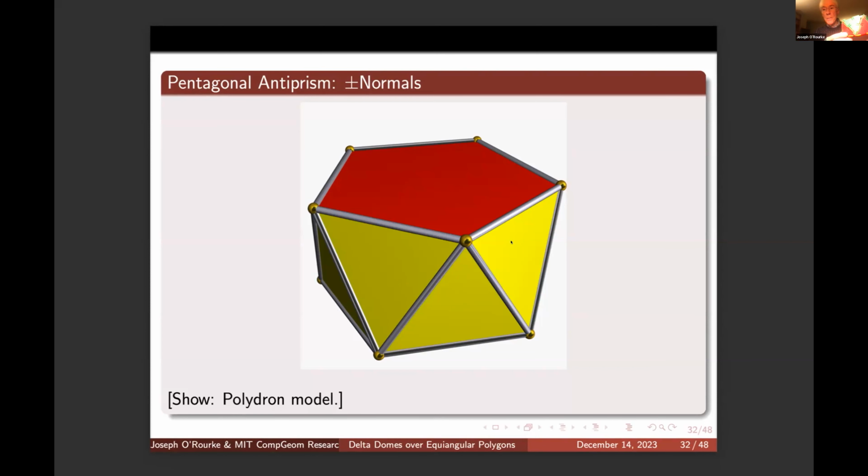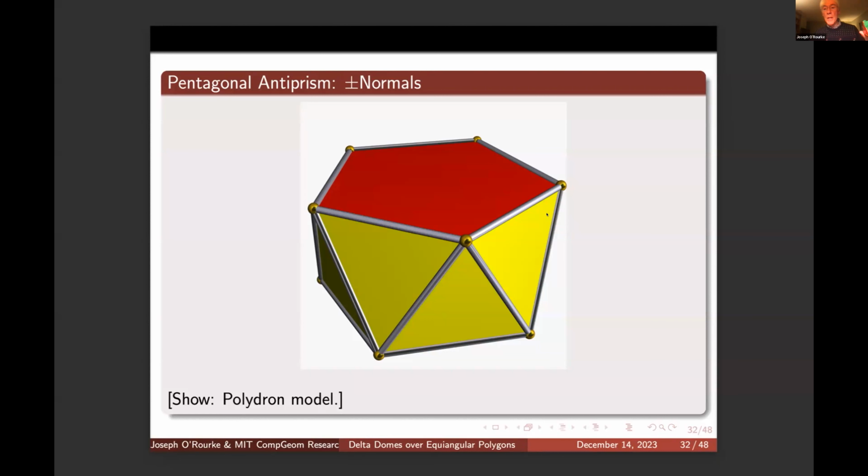And the equivalent would be this red face. No, this green face. Sorry, I'm getting confused with the colors. So I'll stick to this picture for a while.